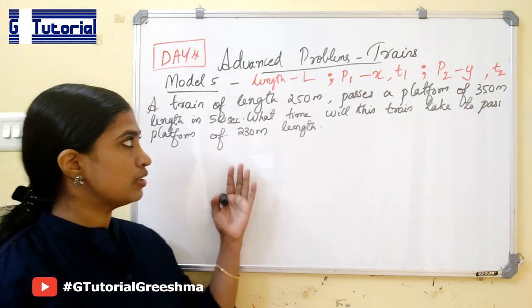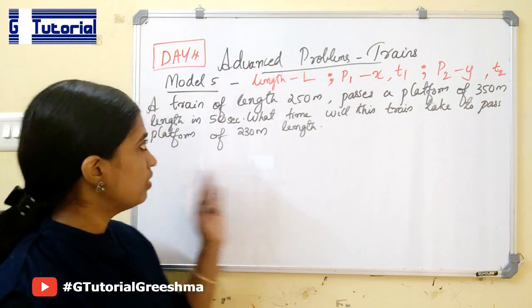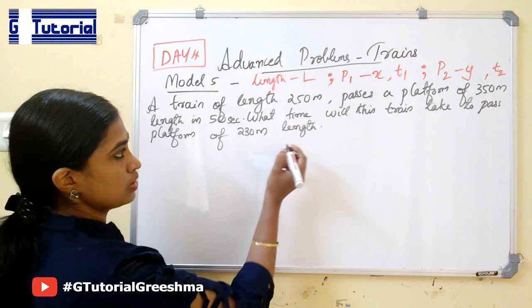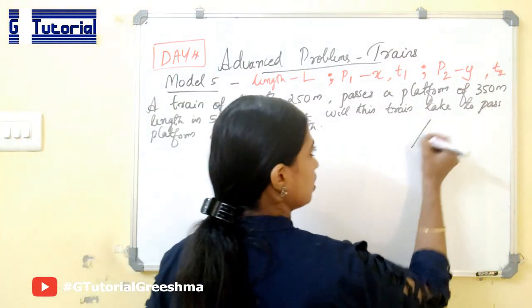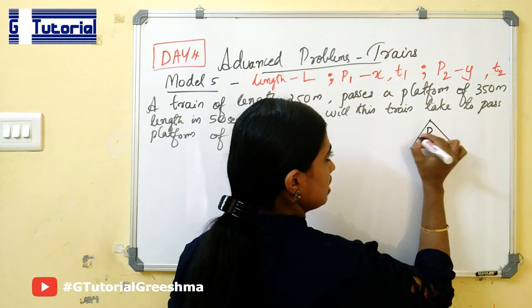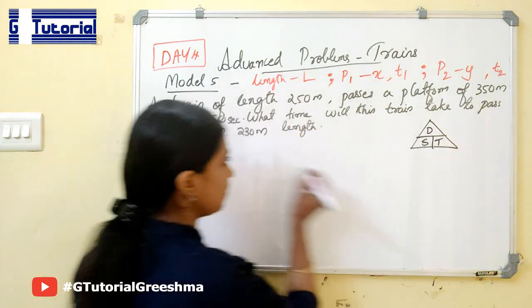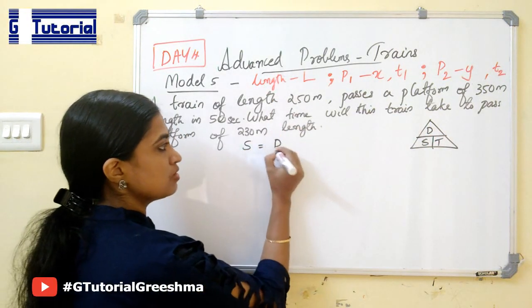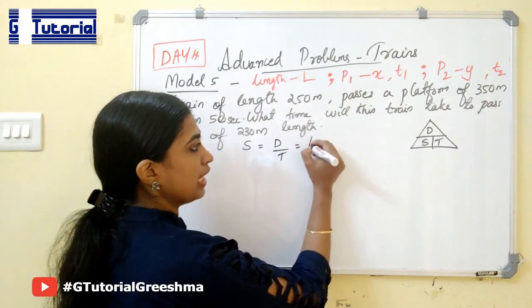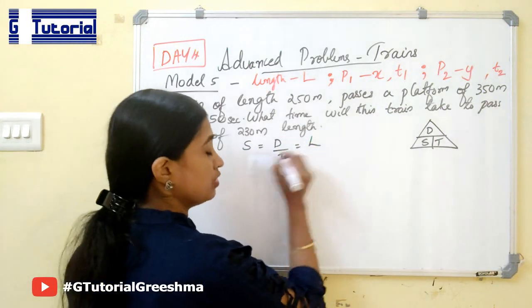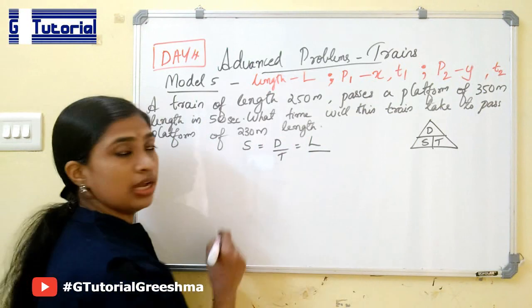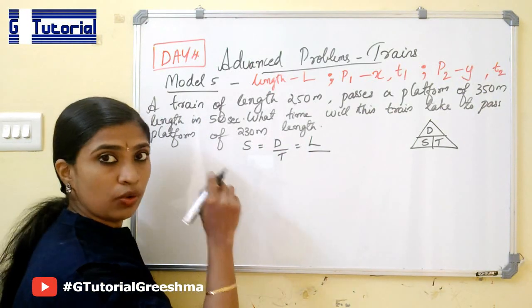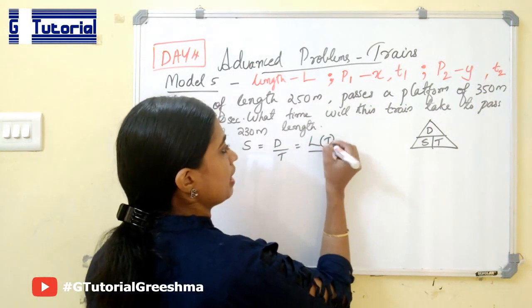If we use the normal procedure of solving the problem, we can do as follows. We have learned about distance, speed and time. The speed of the train is given by distance by time, and distance will be the length of the train by the time taken to cross it. Here we have to consider the platform also, because it is comparable to the length of the train.